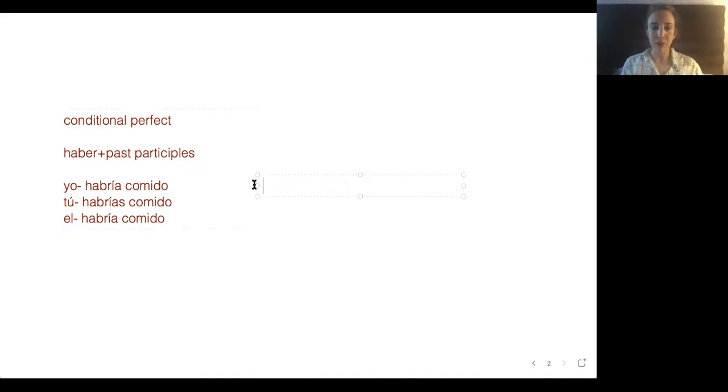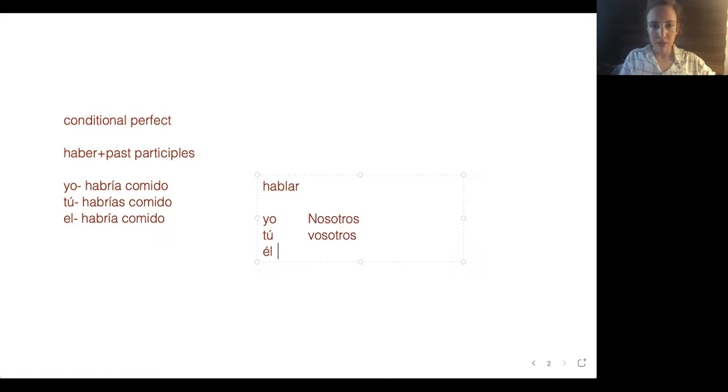For example, if we have hablar, we have yo, tú, él, nosotros, vosotros y ellos. We're going to use the ellos for this.